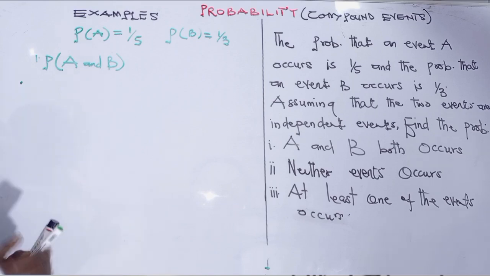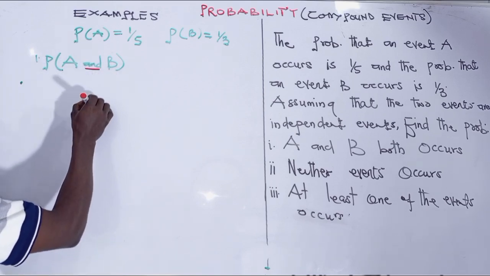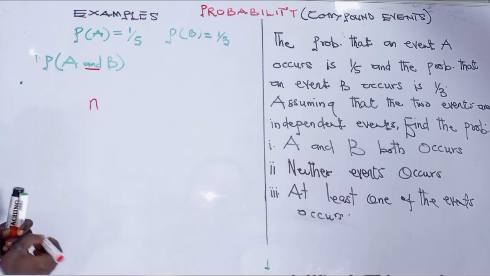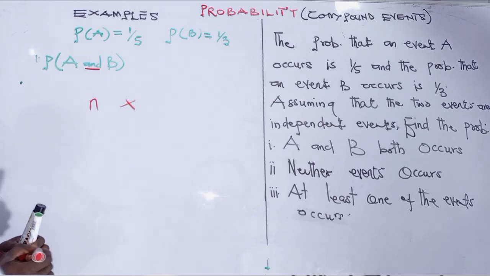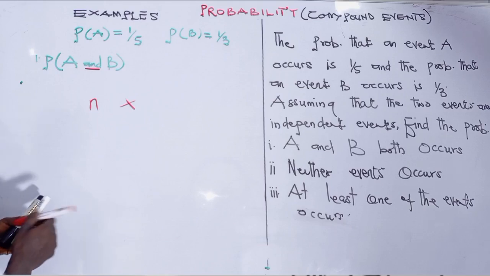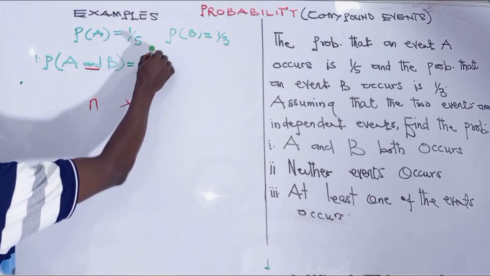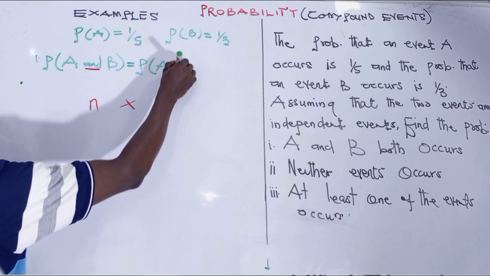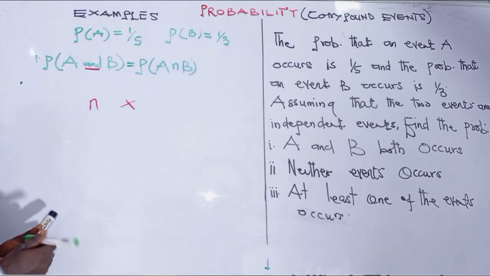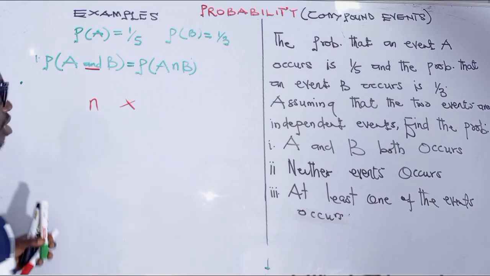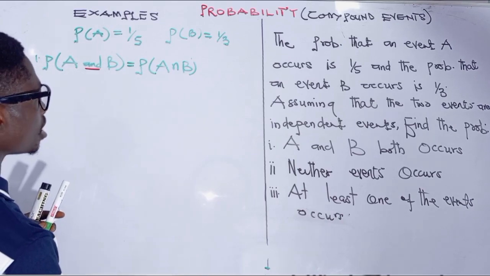We have already established that the word "and" is the same as the intersection, and it corresponds to the multiplication operation under the multiplication law. This can also be written as the probability that A and B occurs, or A intersection B occurs. And once we have this, we are going to apply the multiplication law.